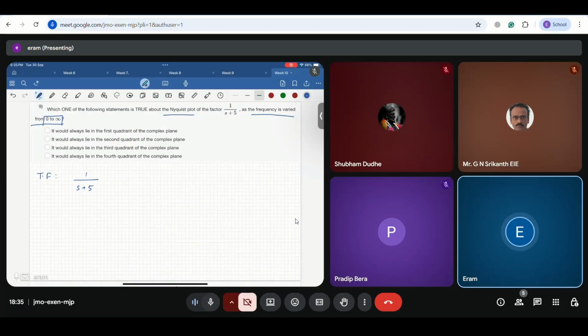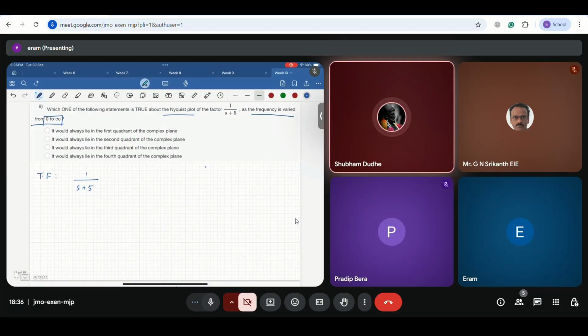But for the learning purpose, how do we draw the Nyquist plot for a given transfer function or factor, like here we have 1 by s plus 5? By seeing this, we know this is a time constant, a first order system. If you remember from the lecture, how does the polar plot look for this transfer function?